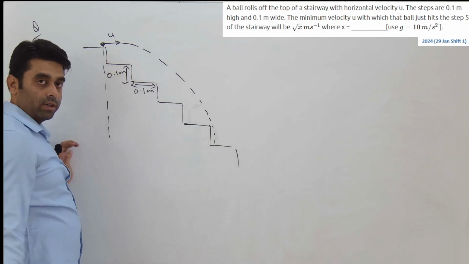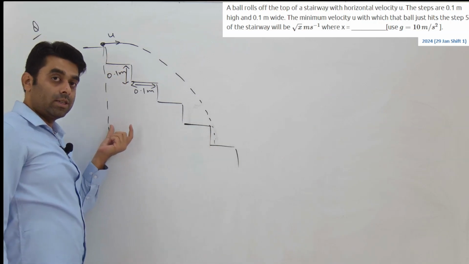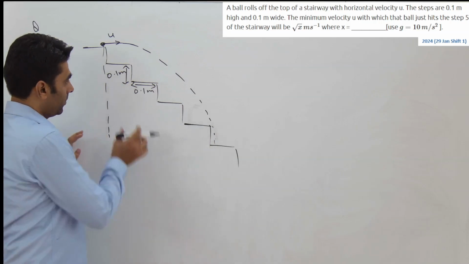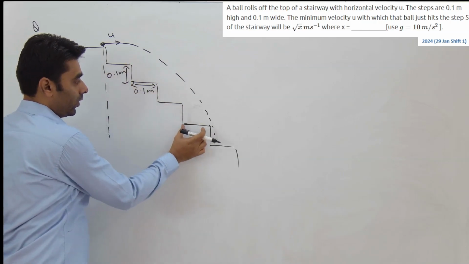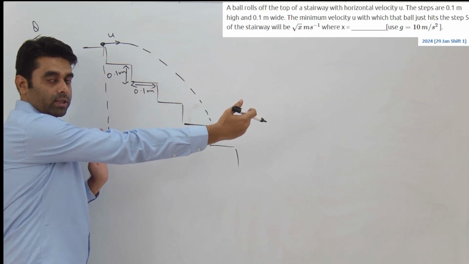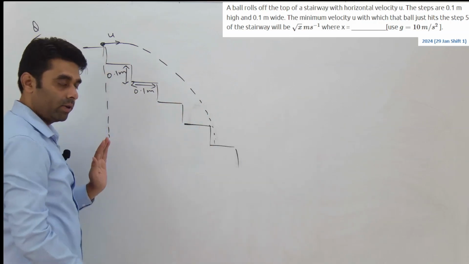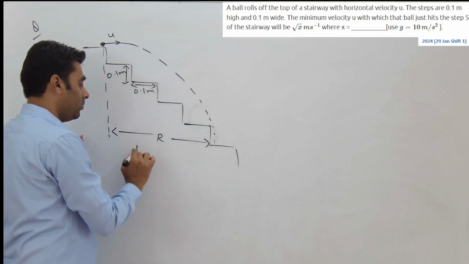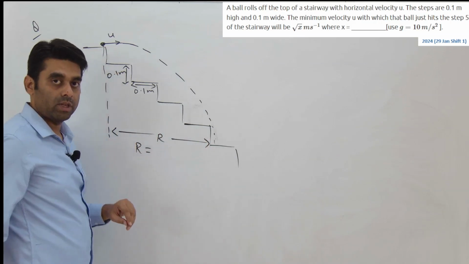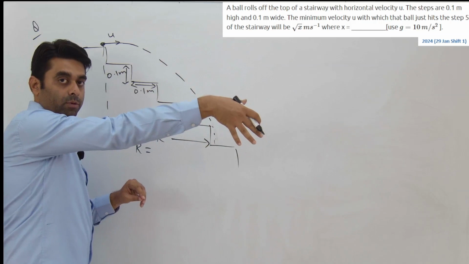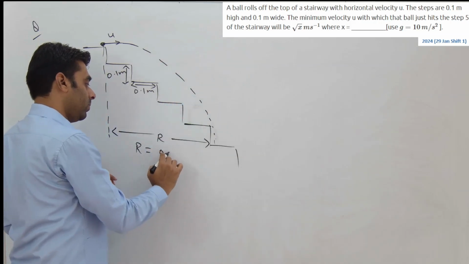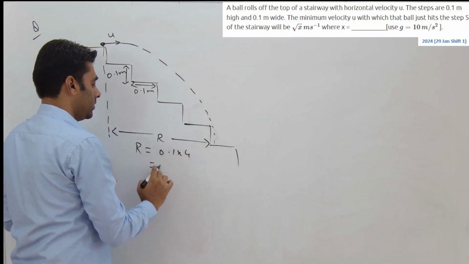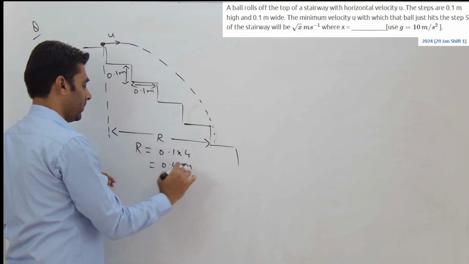The horizontal distance should be equal to the width of the 4 steps. 1, 2, 3, 4. If it covers a horizontal distance equal to 4 steps, automatically it will go onto the fifth one. So what will be the range of this projectile? Because the ball is having projectile motion, range will be 0.1 into 4 steps, 0.4 meter. Well and good.